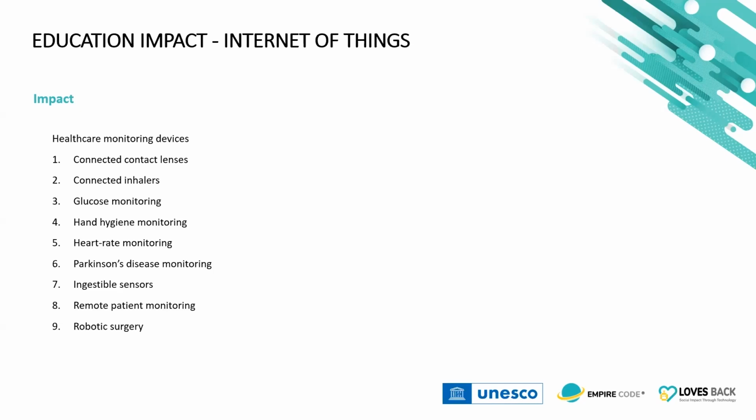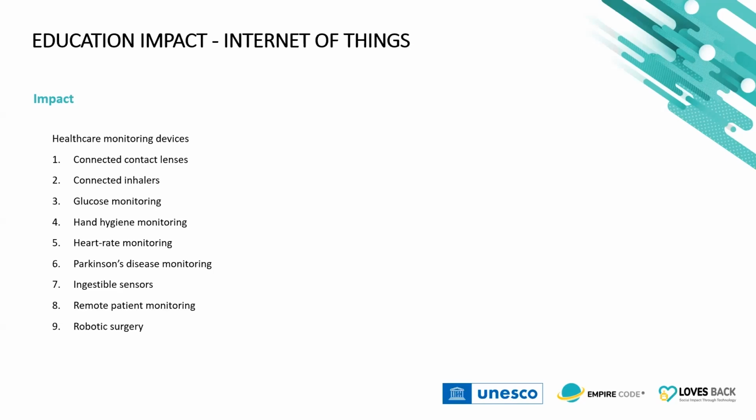Number 7, ingestible sensors. Collecting data from inside the human body is usually a very massive and highly disruptive affair. No one enjoys having a camera or probe stuck into their digestive tract, for example.